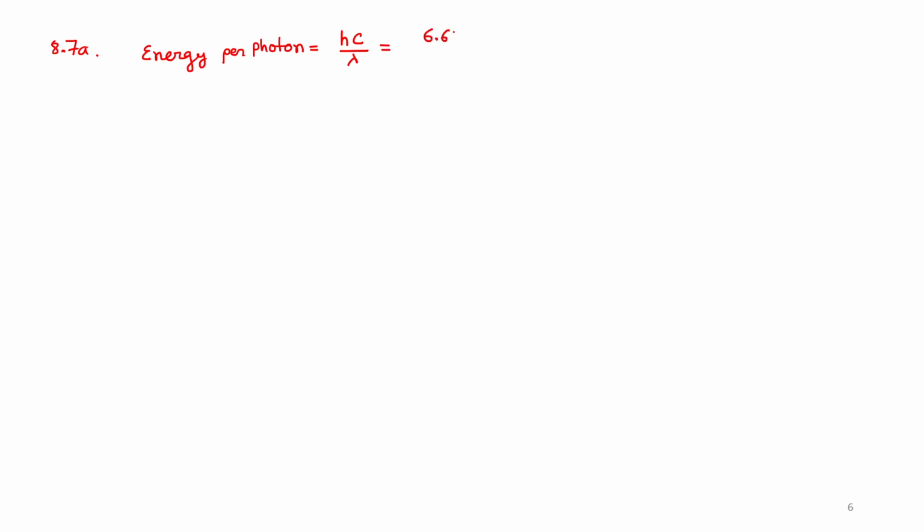h is 6.626 into 10 to the power minus 34 joule second. c is the speed of light in vacuum, that is 3 into 10 to the power 10 centimeters per second. So I have made one mistake. If I write 10 to the power 10, then it is centimeter per second.